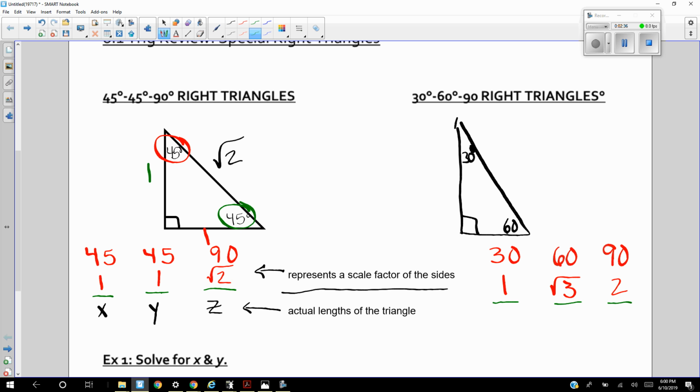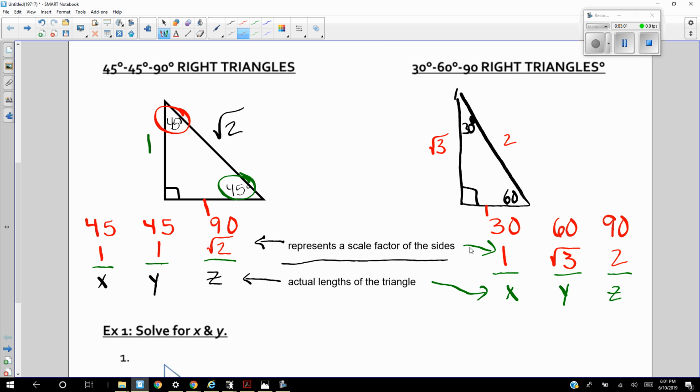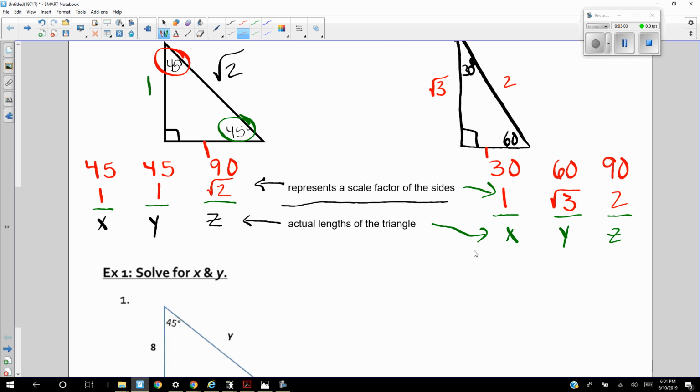And again, the actual lengths of the sides of the triangle are going to go down here at the bottom. You'll see here in a second it's a pretty simple cross multiplication process. The 1 goes opposite the 30 degree angle, the radical 3 opposite the 60 degree angle, the 2 opposite the hypotenuse.